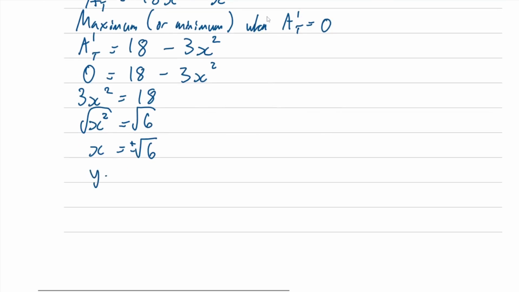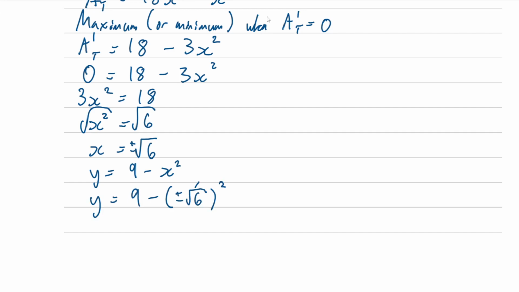Finding the height, 9 minus x squared, where x is positive or negative root 6. It doesn't matter because when we square that, the answer will be positive 6, and we're left with 9 minus 6 to give 3.